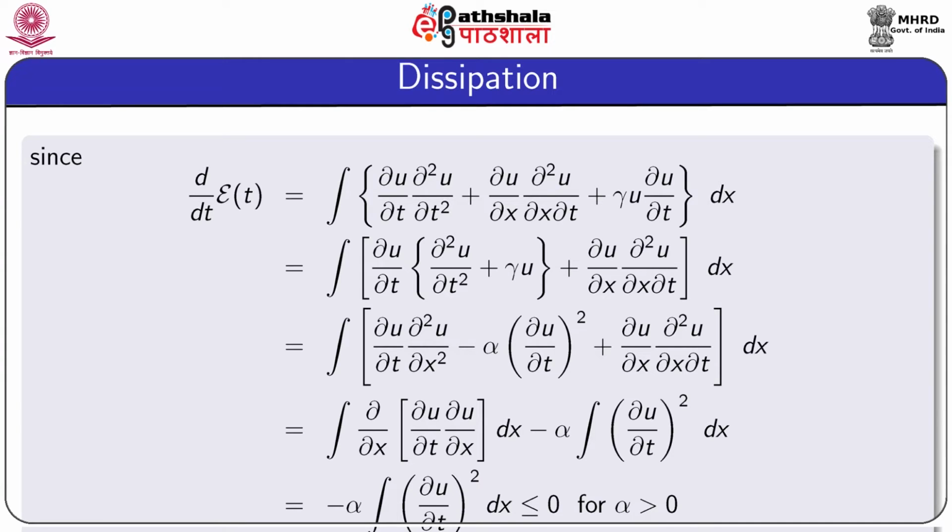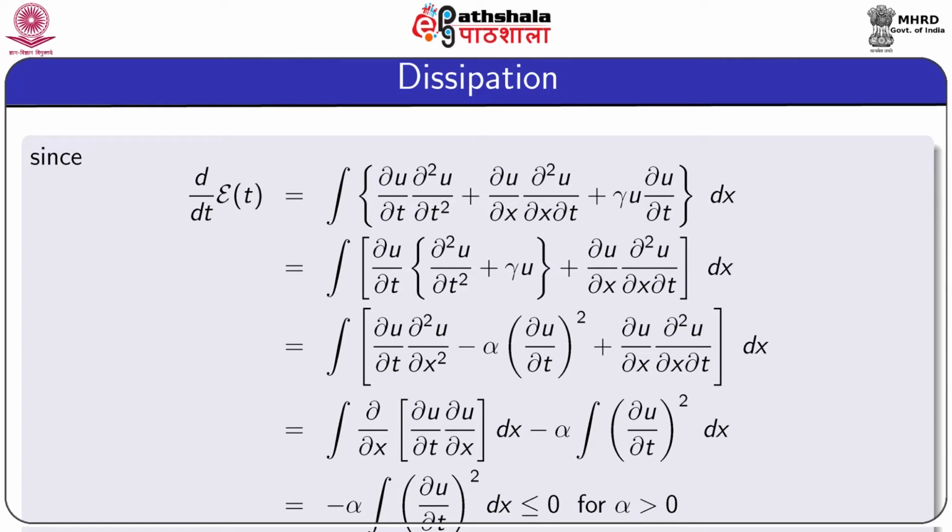So, the equation says that dE/dt is less than or equal to 0 for α greater than 0. That means the energy will decrease with time, or in other words the energy will dissipate, and for this dissipation the term α is responsible.